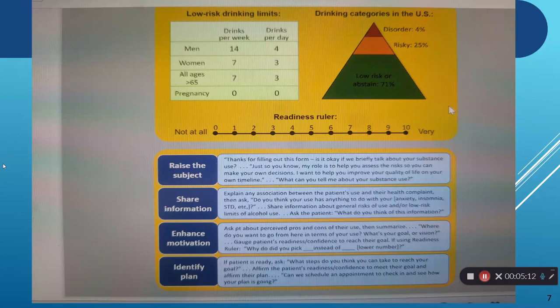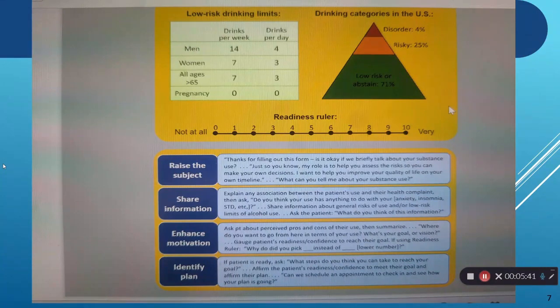Next is to share information in a non-judgmental way, still with open-ended questions, but we want to educate them. From the chart above, we recommend for men only 14 drinks a week, or 4 drinks per day, and for women 7 drinks per week, or 3 drinks per day, before you can start having physical or mental health issues.